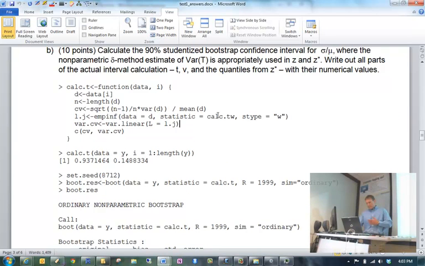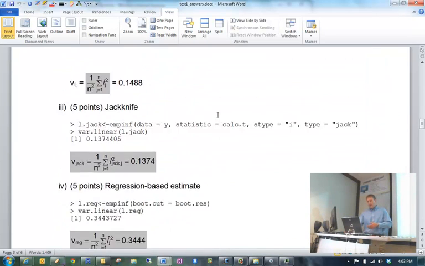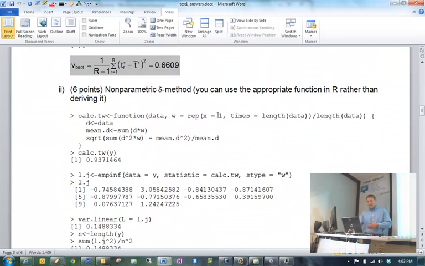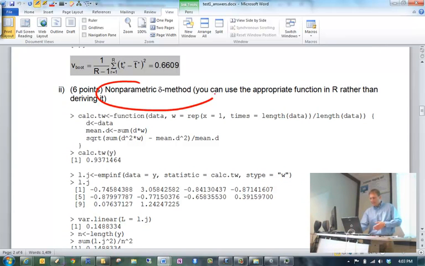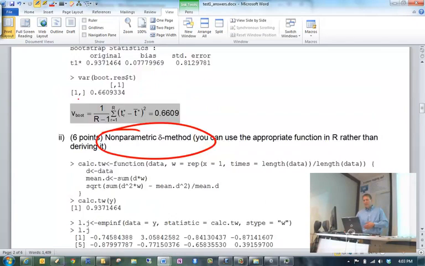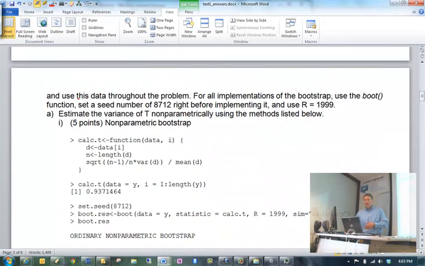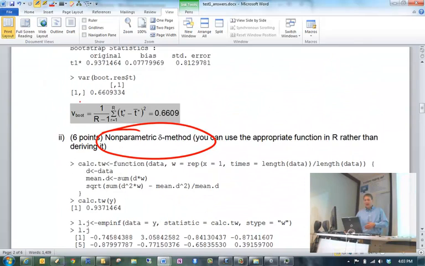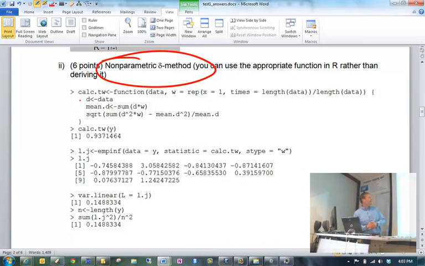And I asked you to use the non-parametric delta method. I had thought that by doing the non-parametric delta method in part 2A, that would lead you to figure out how you would actually then calculate V star.